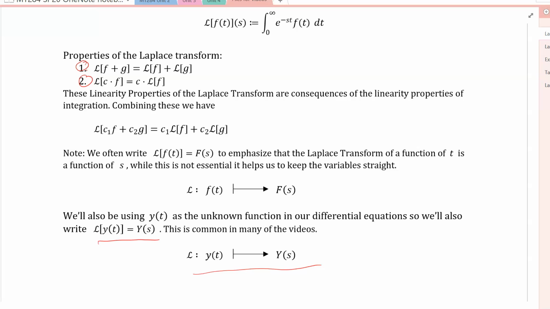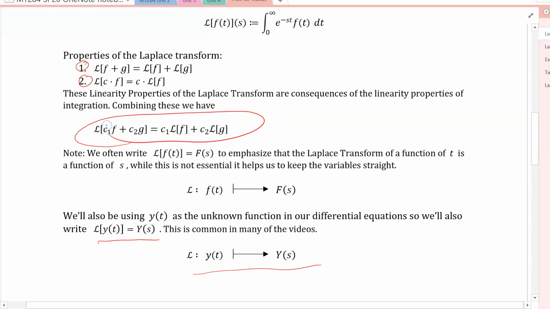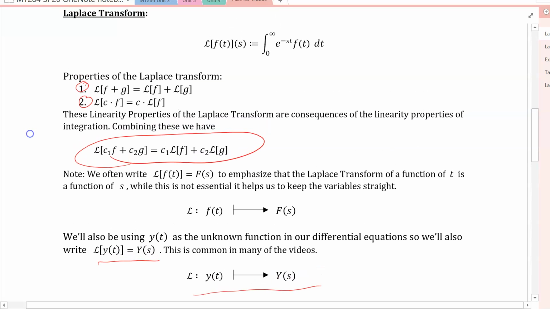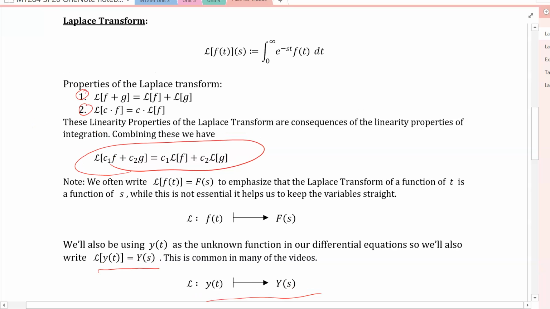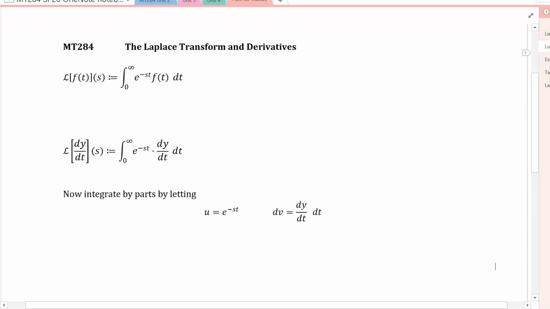If we combine 1 and 2 together, we get this other related fact: the Laplace transform of a linear transformation is a linear transformation of the Laplace transform. Now we're going to see how that works with differentiation. This is going to be important to understand, to have these facts at our fingertips when we solve differential equations via the Laplace transform method.